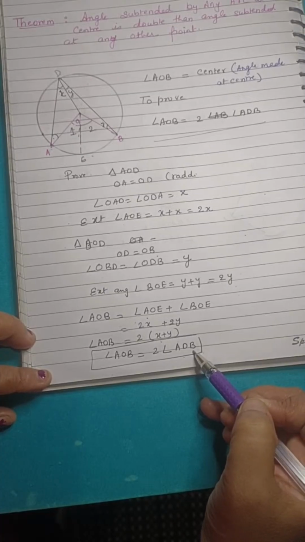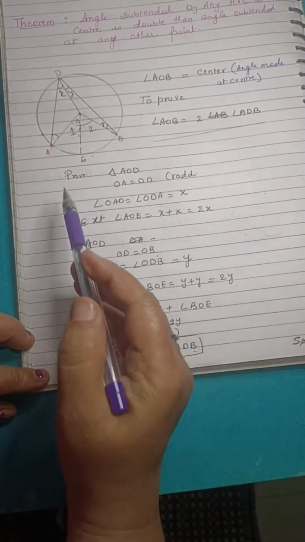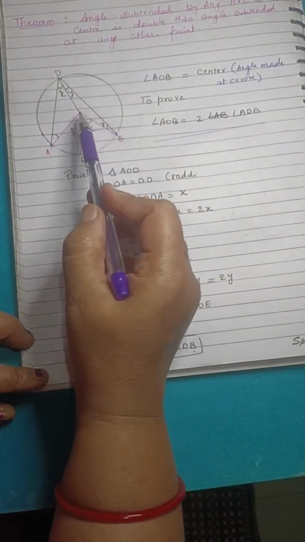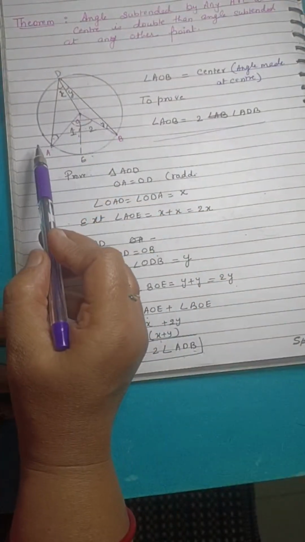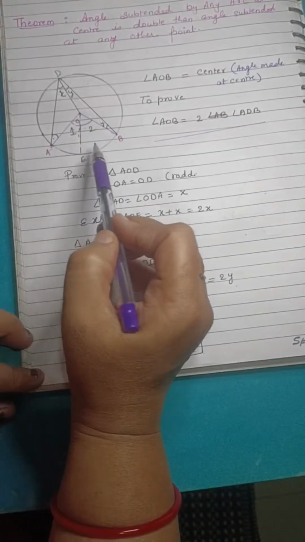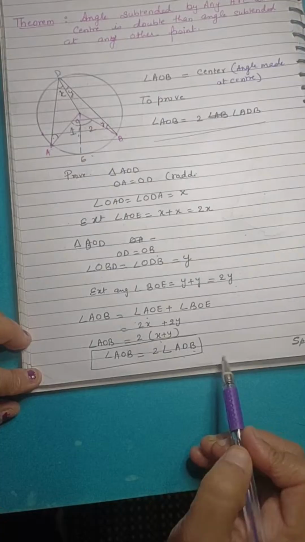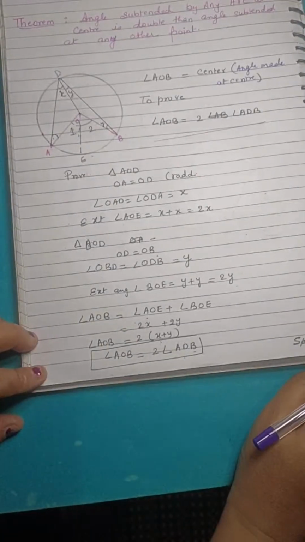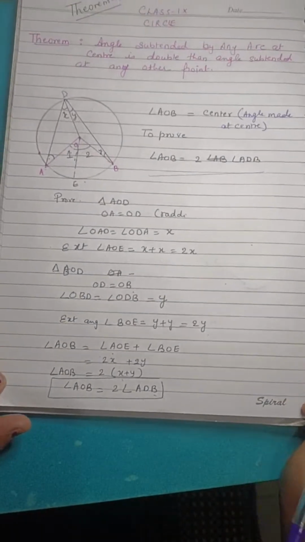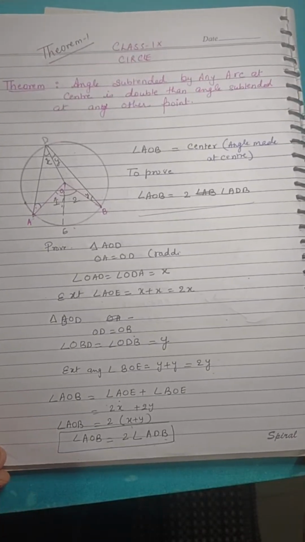So in this way, we have proved that the angle made by any arc at the center is double the angle made by the same arc at any other point. So this is your proof. I hope this is clear to everyone. If any doubt is there, you can ask.